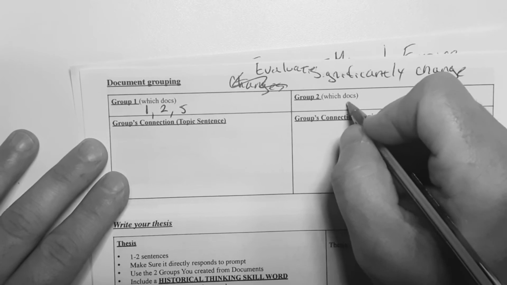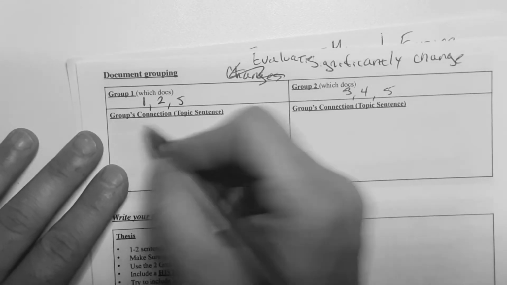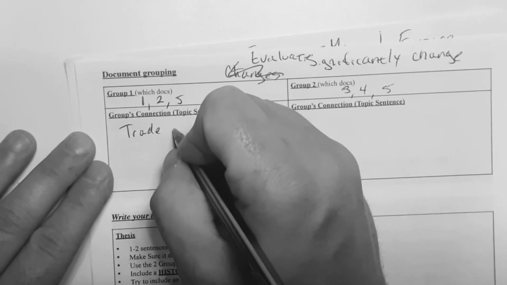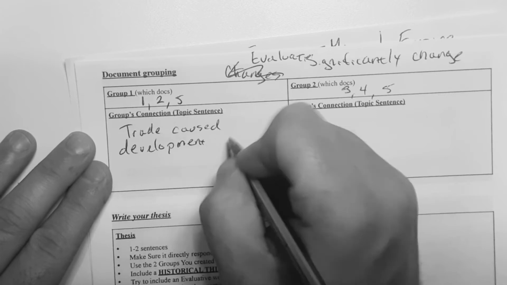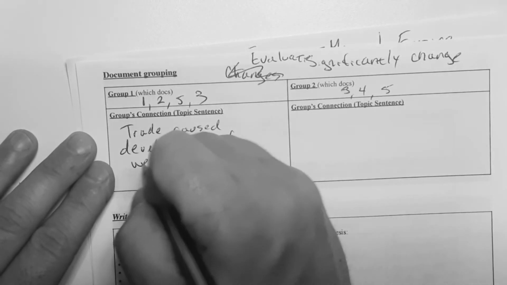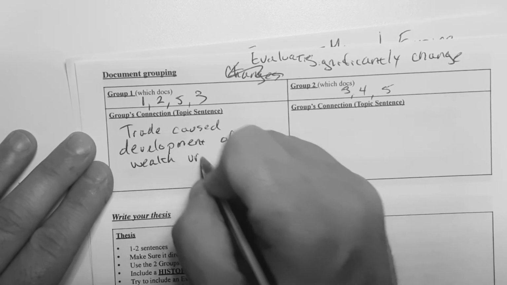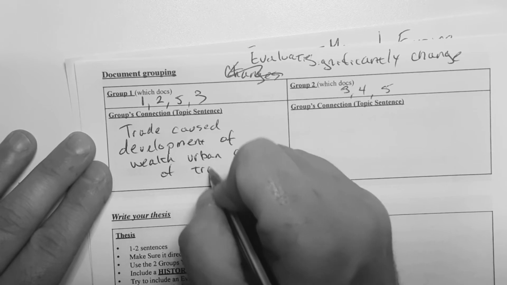All right, now what specifically changed? Well, a lot of the documents had, I would say, let's see, 1, 2, and let's go with 5, and then even you could go 3, 4, and let's just use 5 again because you could use them more than once. Group's connection, trade, cause, development. We can even throw 3 in here with Mogadishu if you want to. Trade, cause, development of wealthy urban centers of trade.